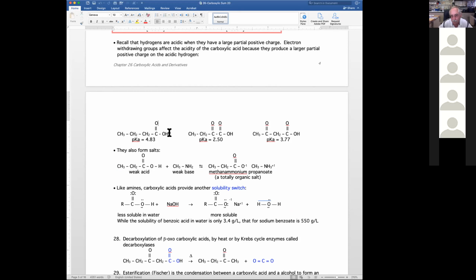Look what happens when I put an oxo group right next to it. It becomes a much stronger acid. Don't forget, a difference in pKa of 1 unit is a factor of 10. 2 units is a factor of 100. So this is 100 times stronger acid than this one. But if I move it away a little bit, then it gets weaker again, but still stronger than this one.